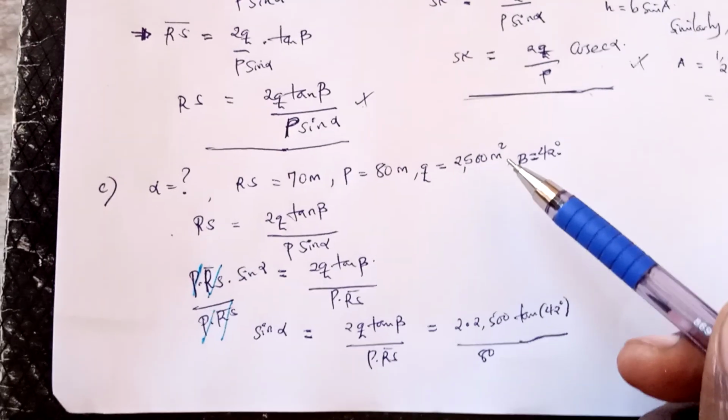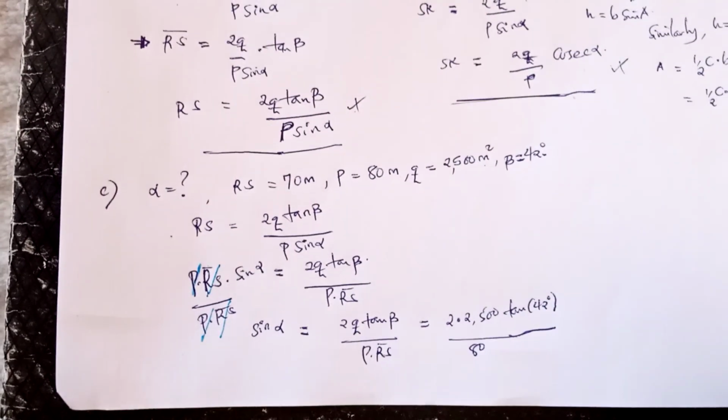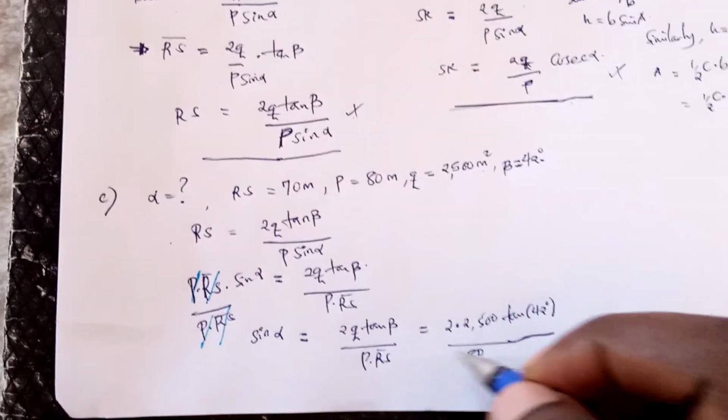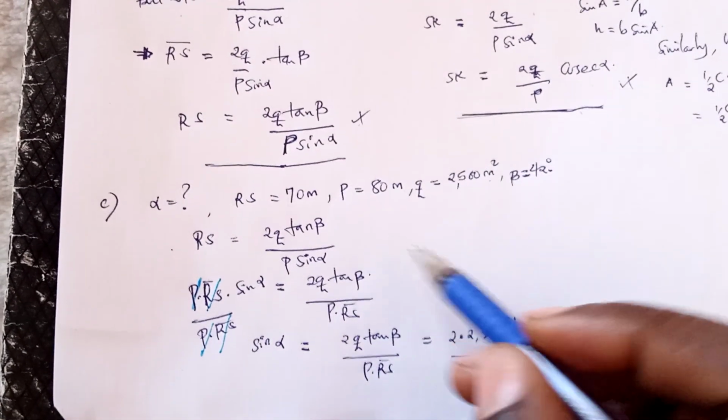So when you cross check square meters and meters, everything is fine. And RS is what? 70.